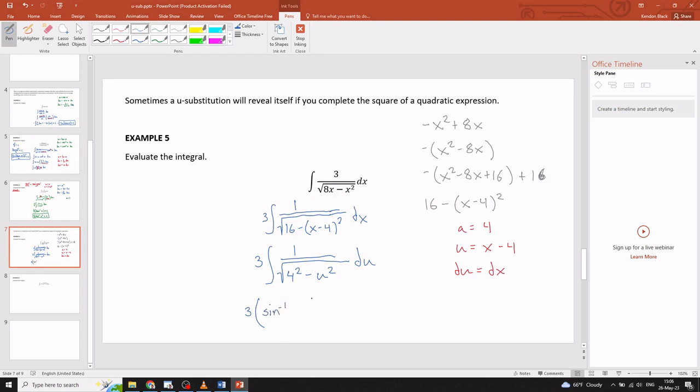Let's go ahead and do 2 steps in one. U is x minus 4. So we'll have x minus 4 over 4 plus c. Let's get rid of that first parenthesis. And there's our answer.